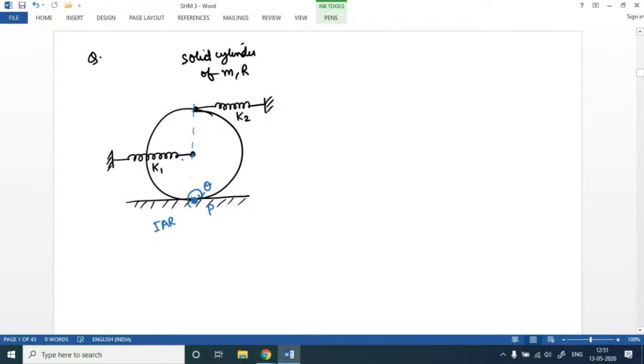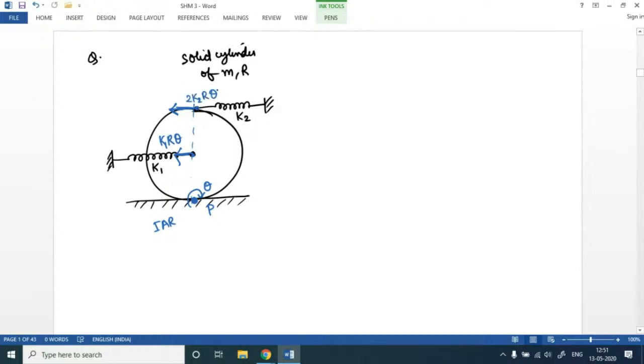So this spring here will be elongated by r theta. So this will exert a restoring force that would be nothing but k1 times r theta. And similarly, this spring here will be compressed by 2r times theta. So that is why it will be exerting a restoring force in this direction only, and that would be 2k2 into r times theta over here.